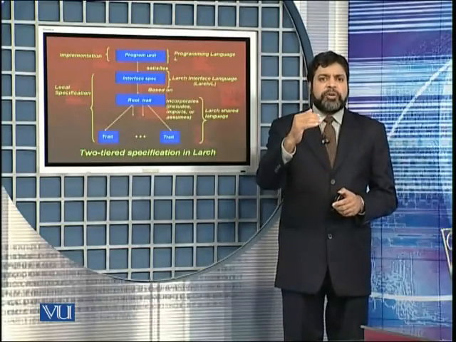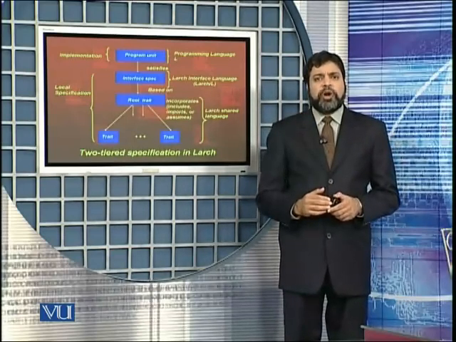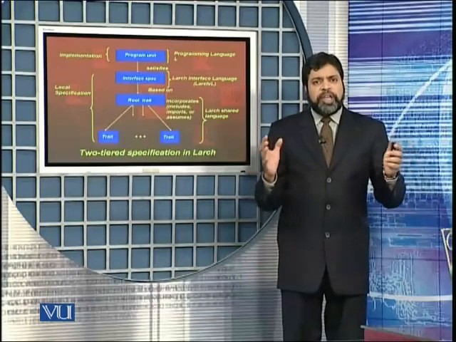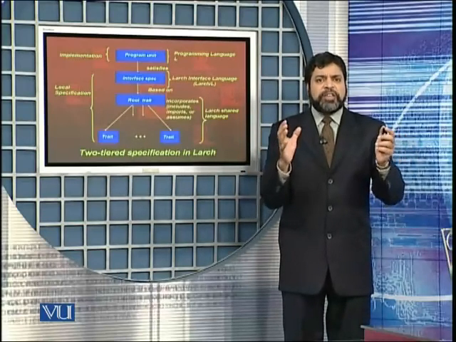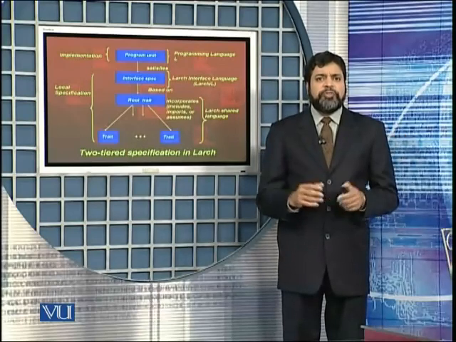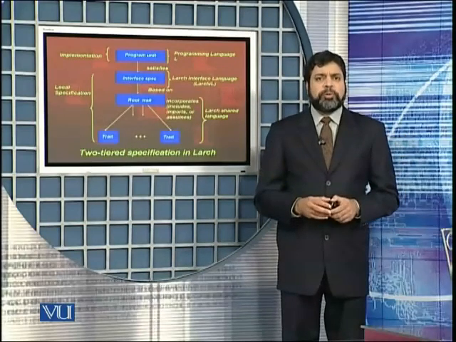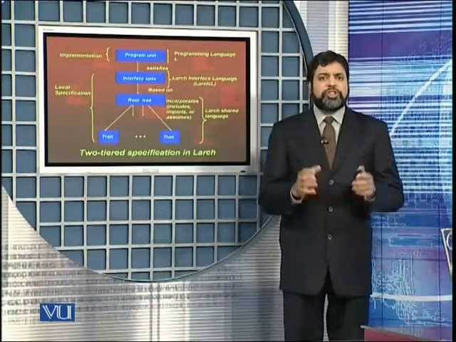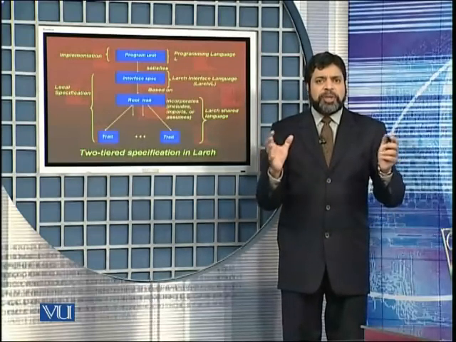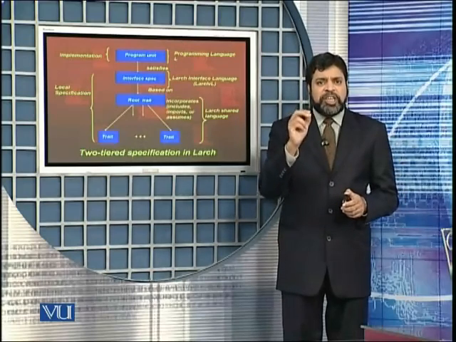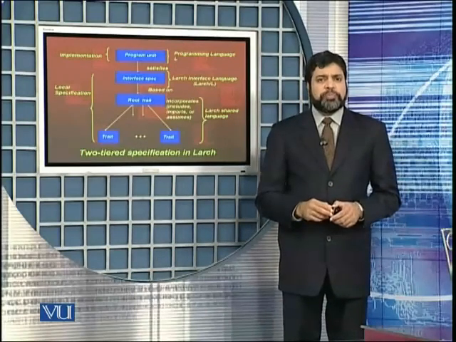So as we move closer to our implementation, we add some more detail, but by adding that detail, we limit our scope. We reduce the scope for flexibility. We are coming closer to implementation, and we are giving one particular solution.